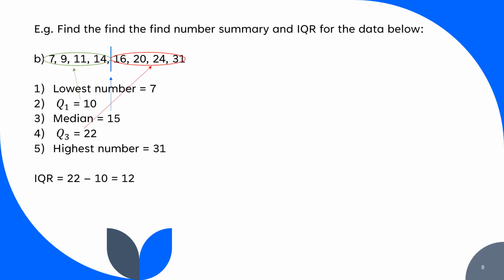So the middle of 7, 9, 11, and 14 is halfway between 9 and 11, which is 10, and the median of 16, 20, 24, and 31 is halfway between 20 and 24, which is 22. That gives you the lowest number of 7, Q1 is 10, median is 15, Q3 is 22, and the highest number is 31. We will be using these to draw our box and whisker in a second. The interquartile range again is Q3 minus Q1, which is 22 minus 10, which is 12.